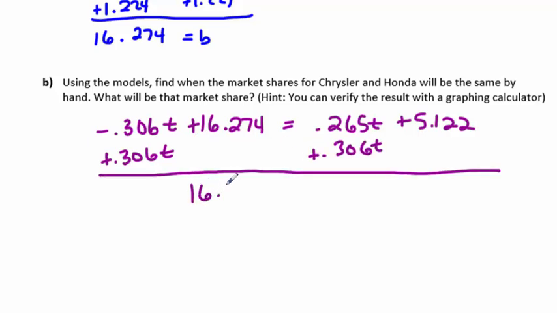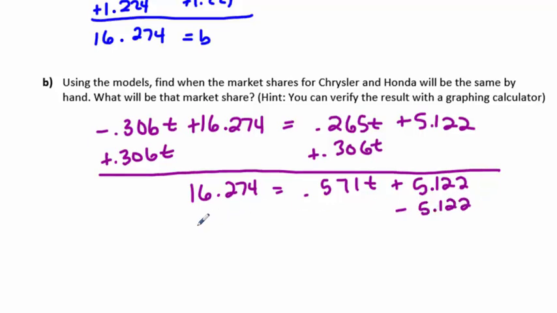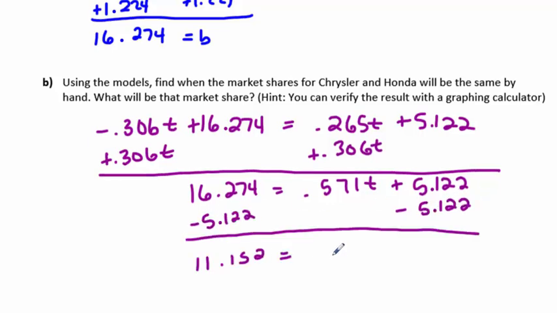So we'll have 16.274 equals 0.571 t plus 5.122, and then subtract the 5.122 from both sides. So 11.152 is equal to 0.571 t, and we'll divide to get our value of t.